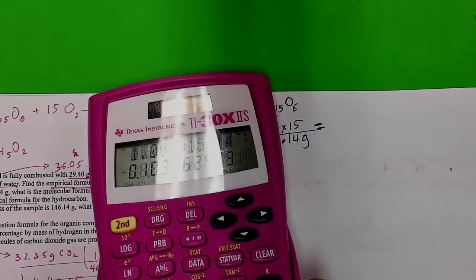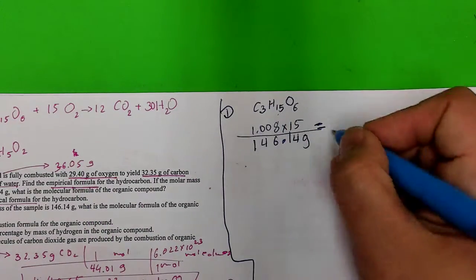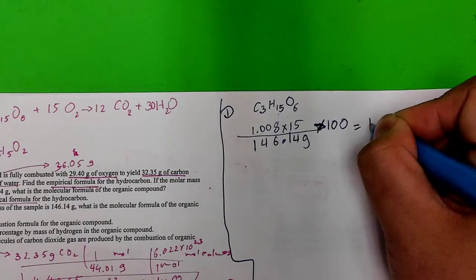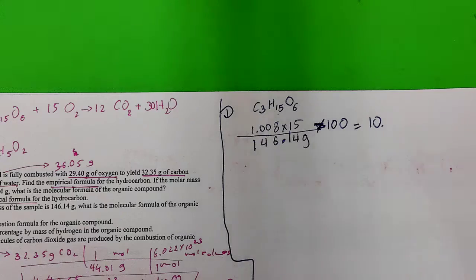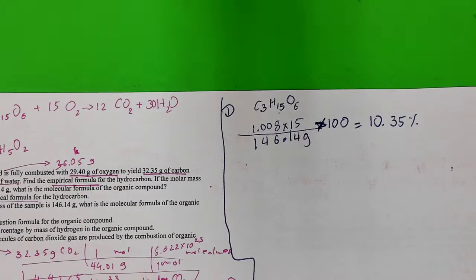This much. Now notice that that's not a percentage yet. To make it a percent, times 100, so go ahead and times it by 100. You're gonna get 10.35%, about 10%-ish.